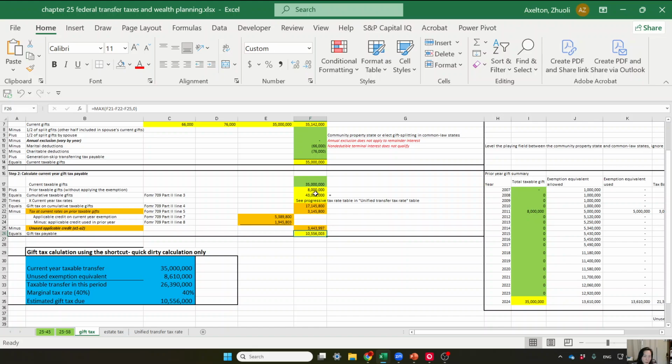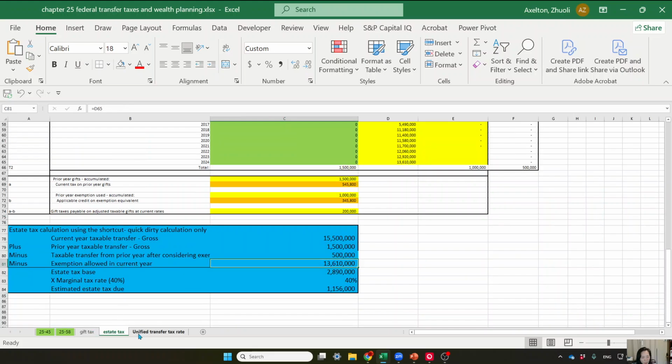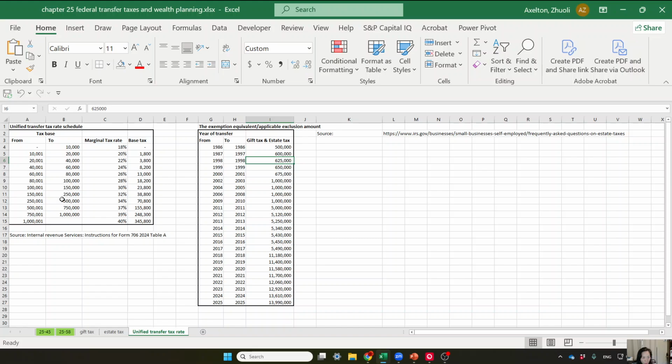The applicable credit is done on a progressive tax rate basis. That means as long as the taxable gift is more than a million, the incremental effect of additional tax on the gift, anything more than a million, is normally taxed at 40%.